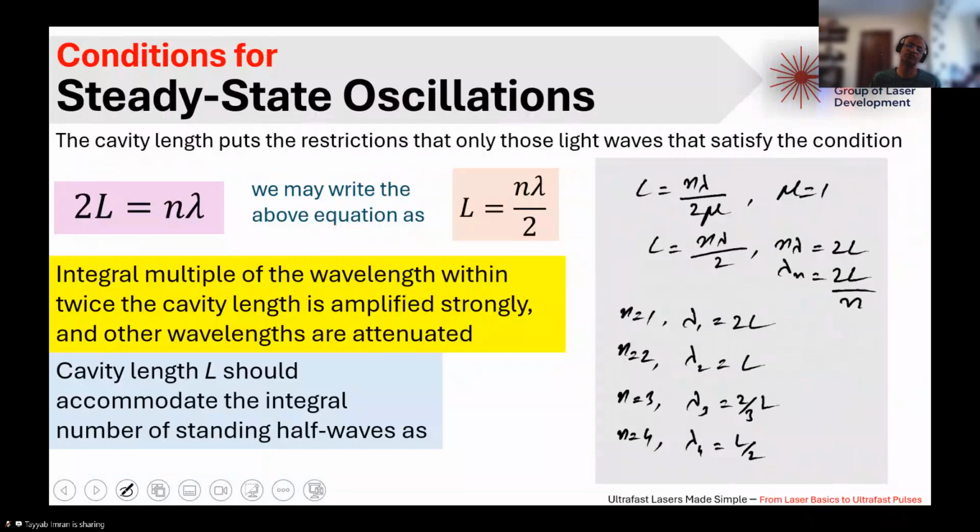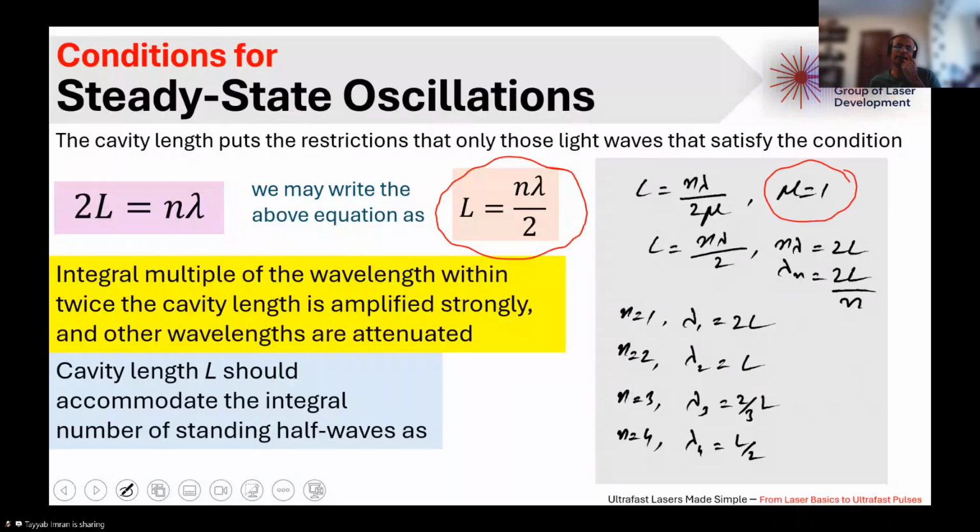So we have to design the cavity with certain parameters if we want to achieve the wavelength that we want. Rearranging this equation, it will be L equals N lambda over 2. There is a refractive index here, which I assume is equal to 1.